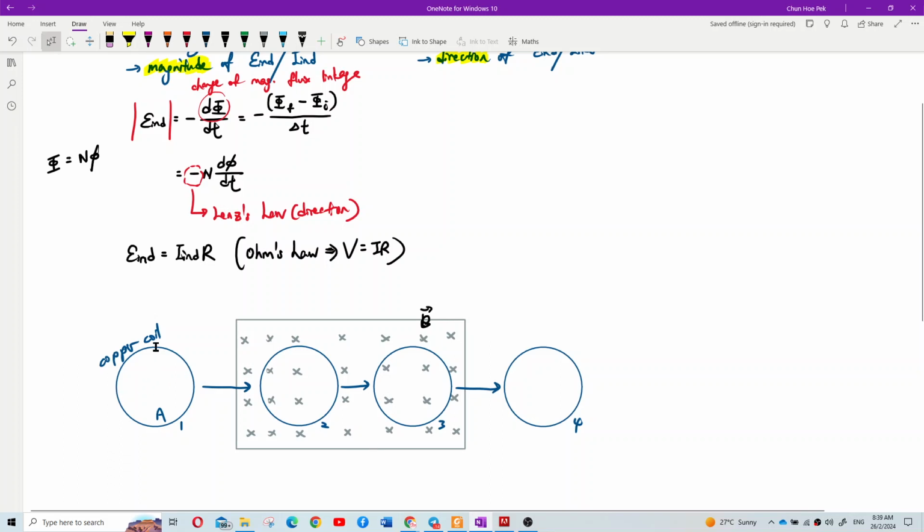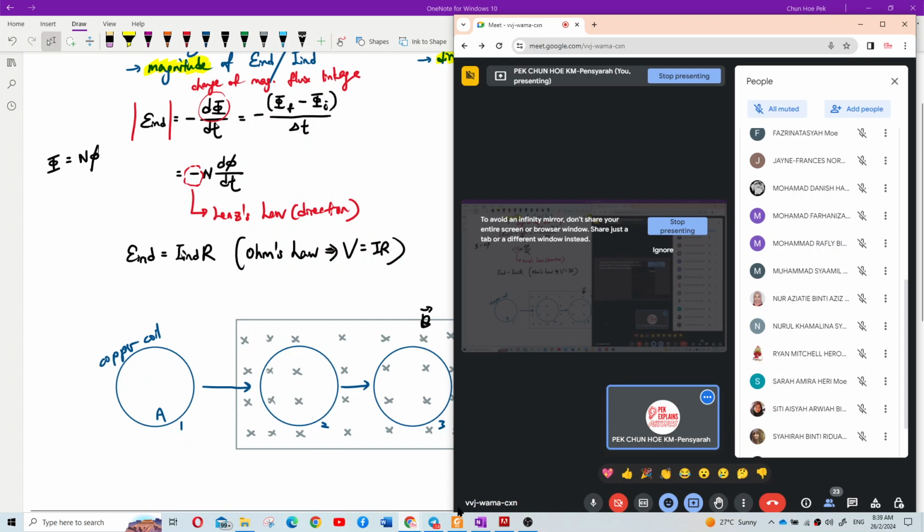Now, if I bring the copper coil from position 1 to position 2, that means here, the outside, there's no magnetic field. I bring the coil to a region with magnetic field. Is there any change of magnetic flux through the coil from 1 to 2?